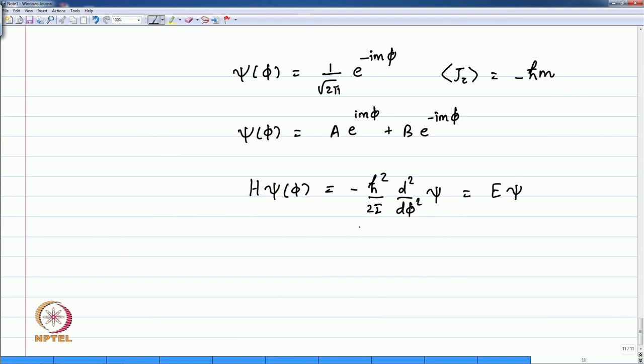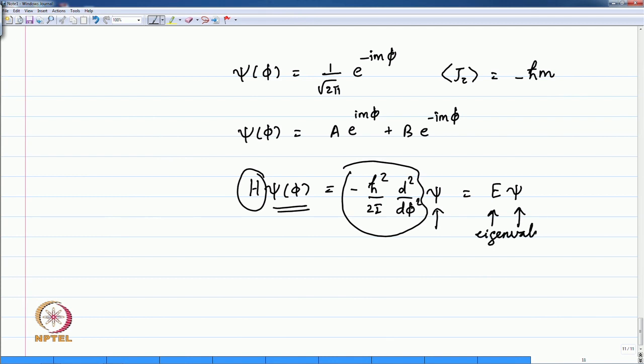Therefore, you see that the Hamiltonian operator acting on the wave function gave you the wave function and the energy, and you remember that this was the eigenvalue equation. Therefore, the energy was an eigenvalue for this problem and the psi is an eigenfunction.